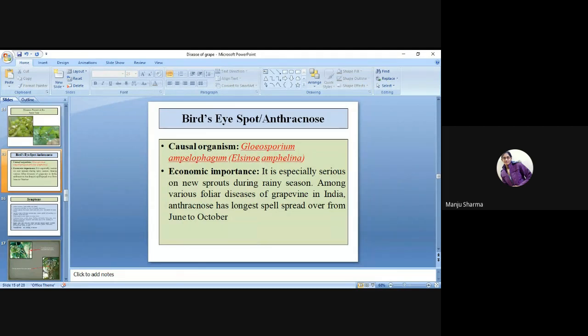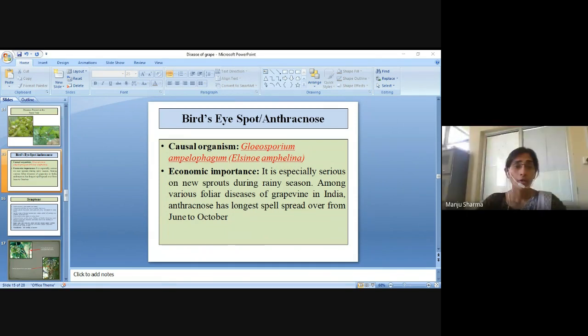Among various foliar diseases of grapevine in India, anthracnose has the longest spell, spread over from June to October.